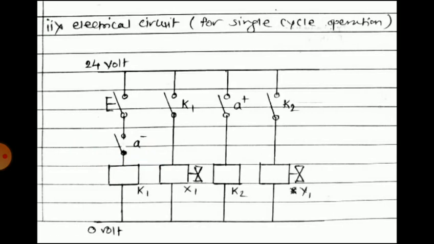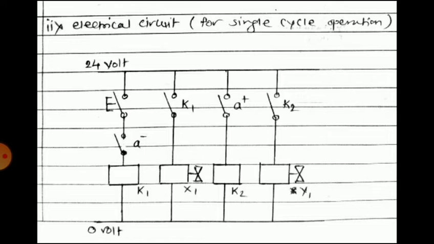Then you have to draw the electrical circuit for both. First, the electrical circuit for single cycle operation and second, the electrical circuit for multi-cycle operation. Single cycle operation means after the return stroke of the last cylinder, the operation will be stopped until you press the button again for the next cycle.